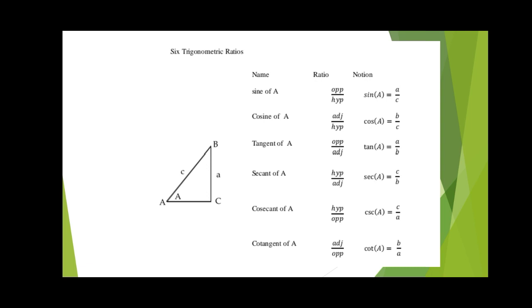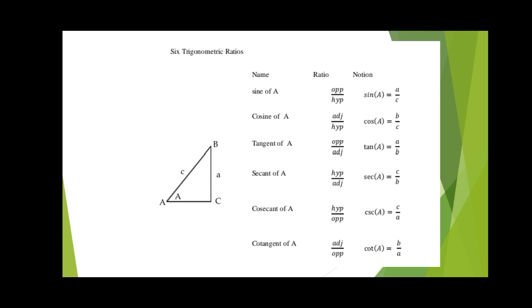Sine is equal to opposite over hypotenuse. In the figure, the opposite is equal to a, and the hypotenuse is equal to c. So sine A is equal to a over c.